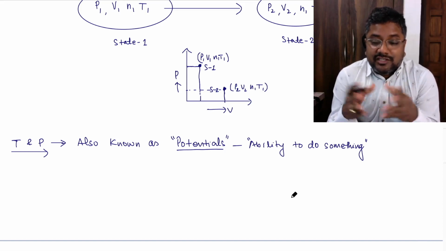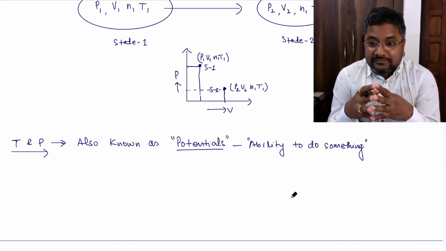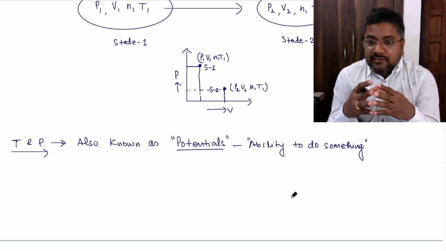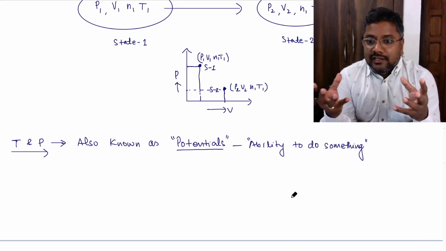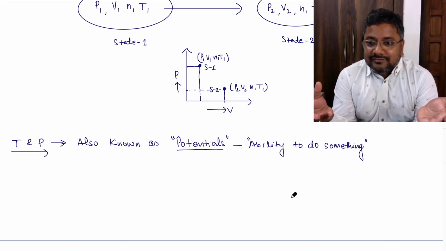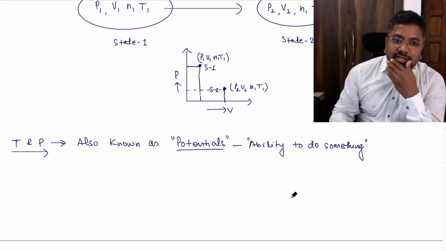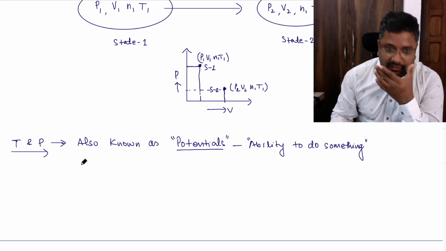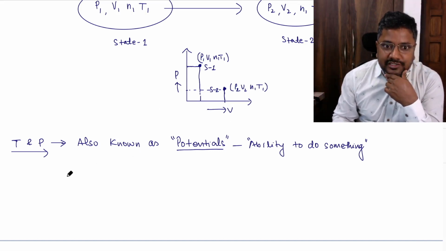Everywhere this is used, in society also. If someone has more ability to do anything, then they have more potential, right? So temperature and pressure are also potentials. So what is temperature potential?